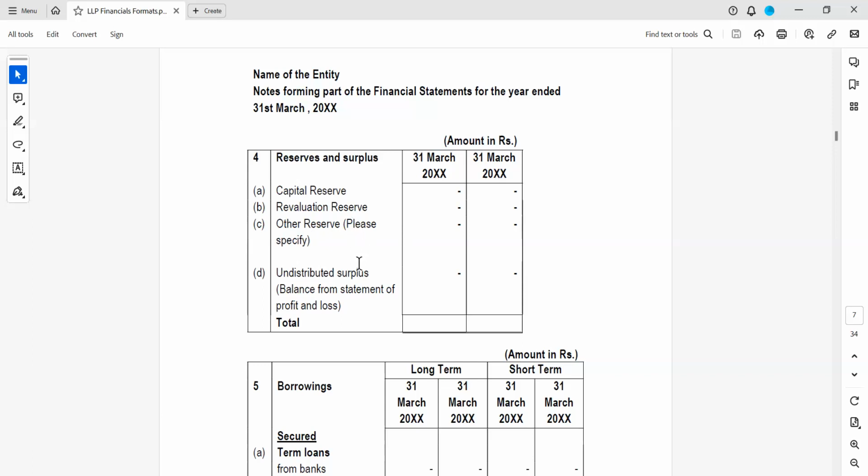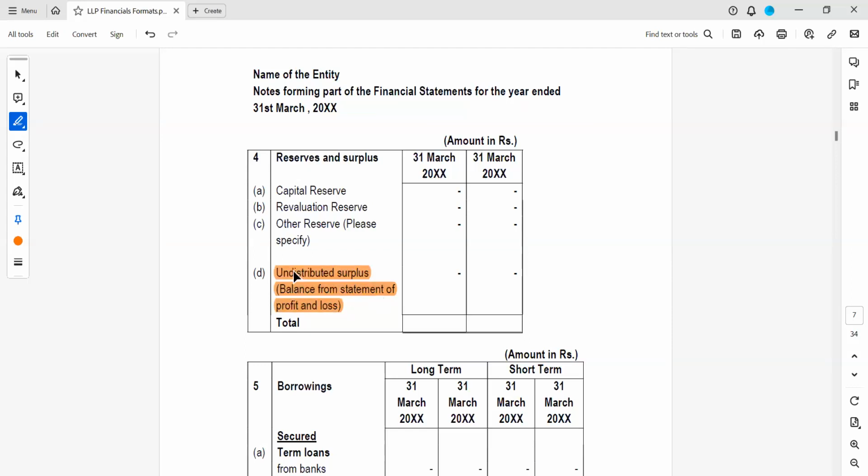Next, revaluation reserve. At the time of conversion, they would have done revaluation of fixed assets before conversion, then converted for tax purposes, or whatever the reasons may be. Then undistributed surplus, that is the closing balance of P&L, which usually will not come here. Why? Because every year the profit you will distribute to partners.